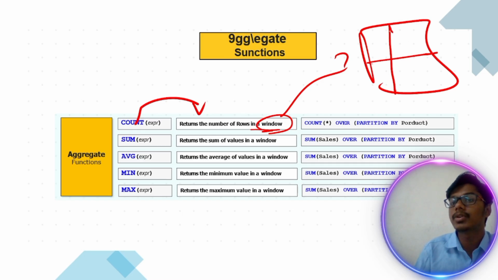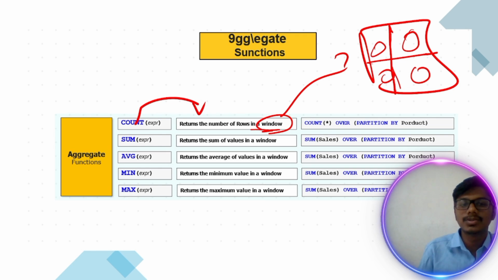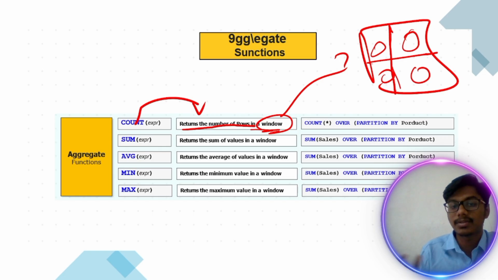Inside this window, we are going to calculate on a subset of the data. This is one subset, this is one subset, this is one subset. We are going to perform the operation on the subset of the data. That is what the Window function does, right? So the count function is all about that: we return the number of rows in a window. How many rows are in a window? We are going to discuss the use cases of the count function.